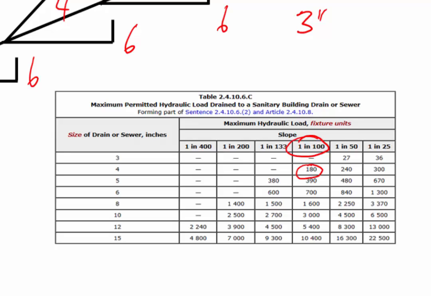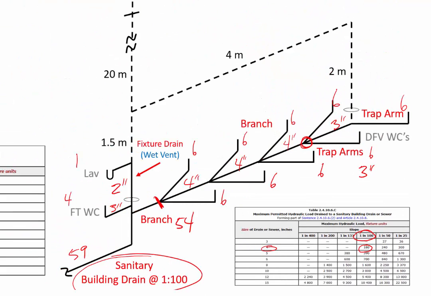The first available column is for 4-inch, and we're 4-inch upstream, so no unnecessary or non-compliant reduction, I guess we could say there. So 4-inch for the building drain, 4-inch for the branch, and 2-inch for the wet vent. Okay, so there's all our drainage piping.